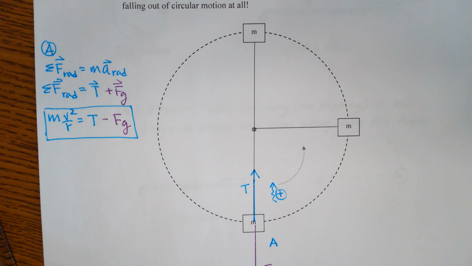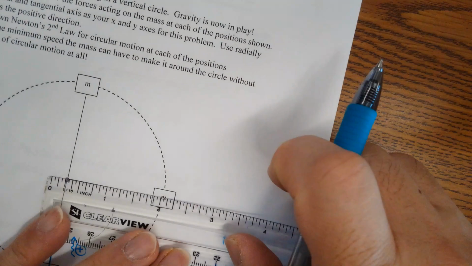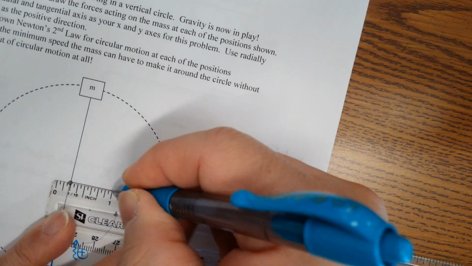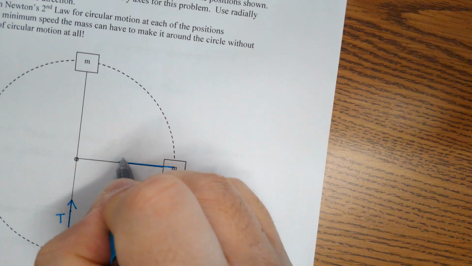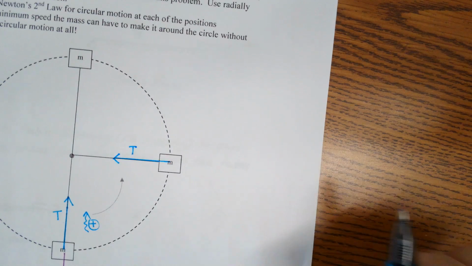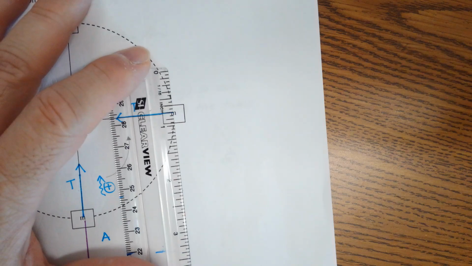Now what about part B? For part B, my tension is going this way, and here is my Fg.